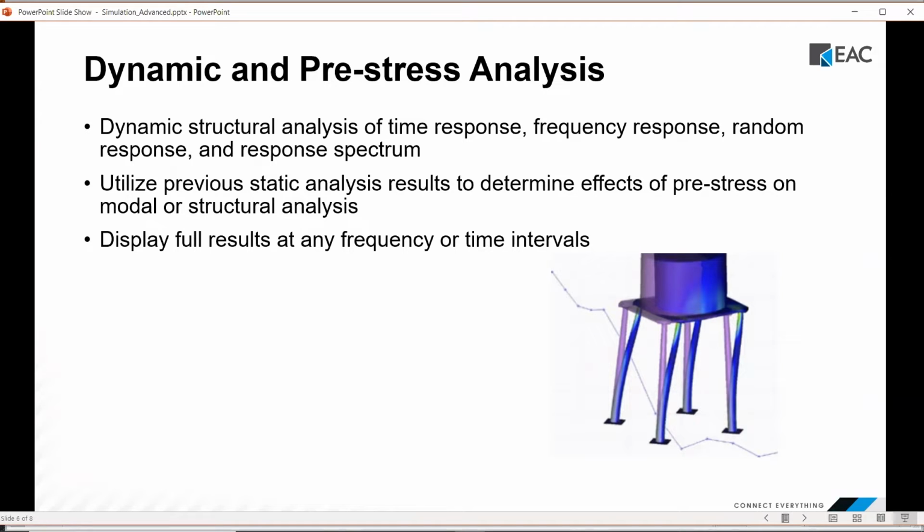So it takes into account those situations where that pre-existing stress does affect the behavior and the response of the product being analyzed. We can also do frequency response and get results over any frequency that we define, and also over different time intervals.